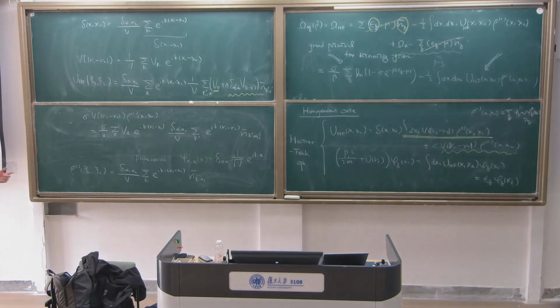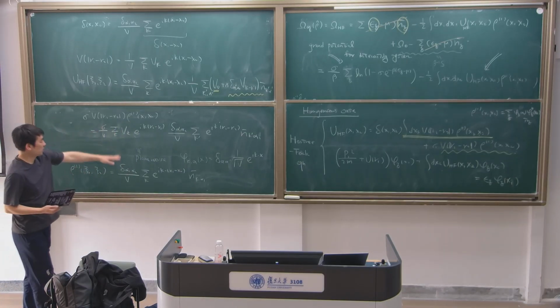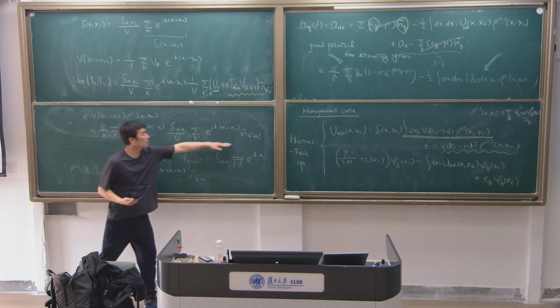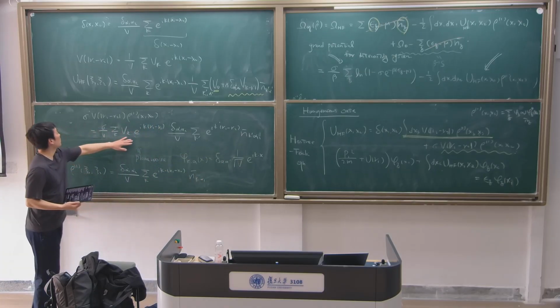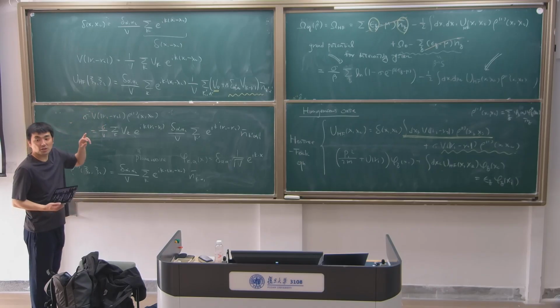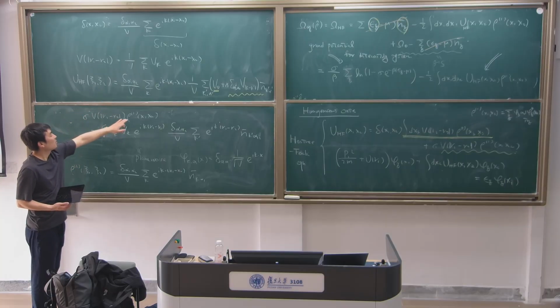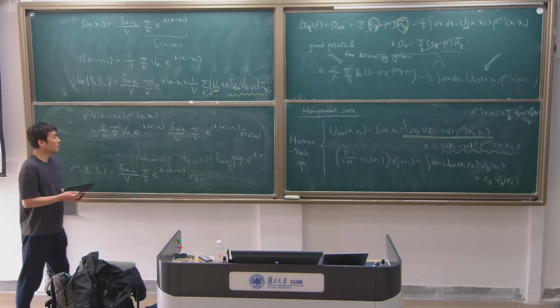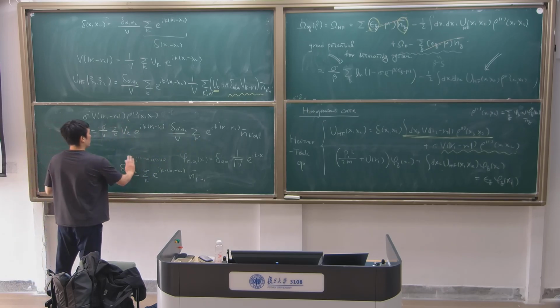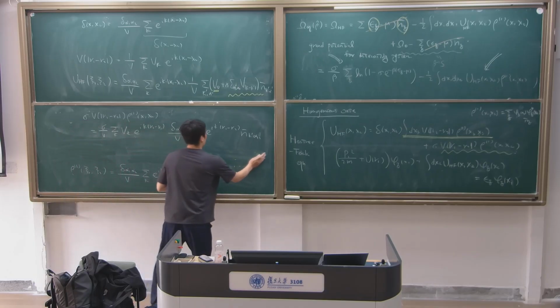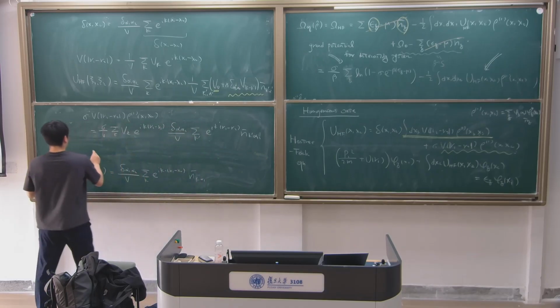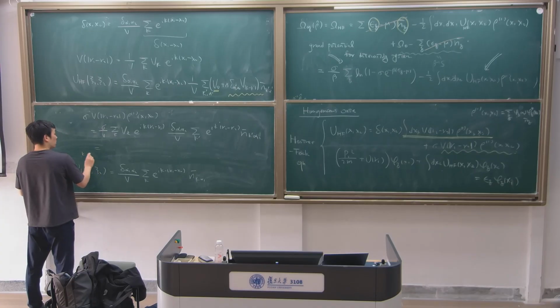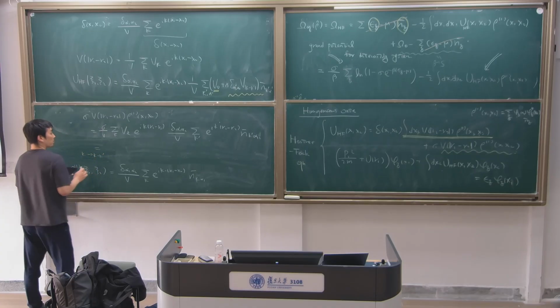Is that okay? I just plug everything into here. This one is this part, and this one is just B. Are you with me? Just plug that into here. Then I just change the label. Here K was K minus K prime.